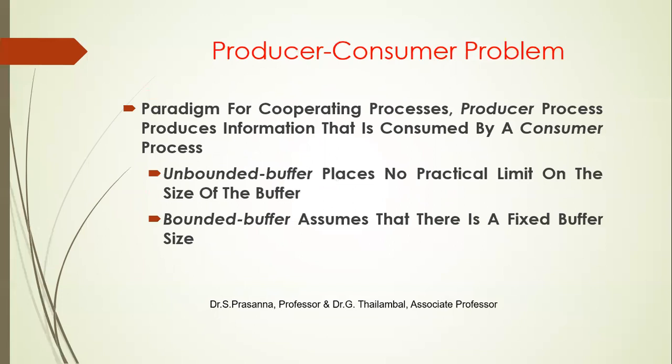The cooperating process example is given here as the producer consumer problem. The producer produces items that should be consumed by the consumer. Imagine that the producer is producing 1,000 items each day, but the consumer cannot buy 1,000 items each day.